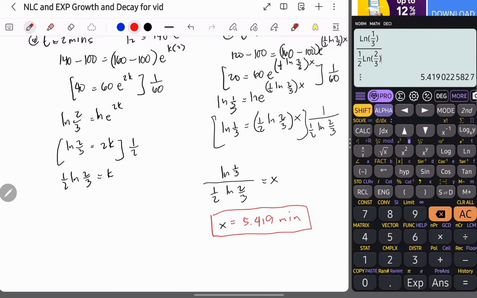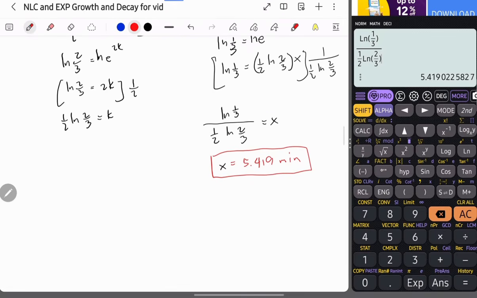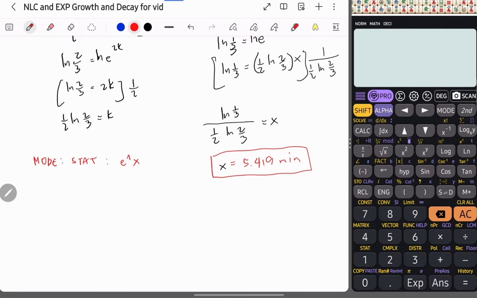So how to use our calculator to check if our answer is correct? Get your calculator first. Then you start with mode, then stat, then e to the x.